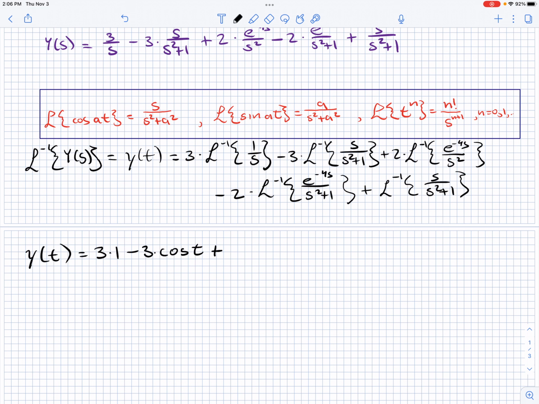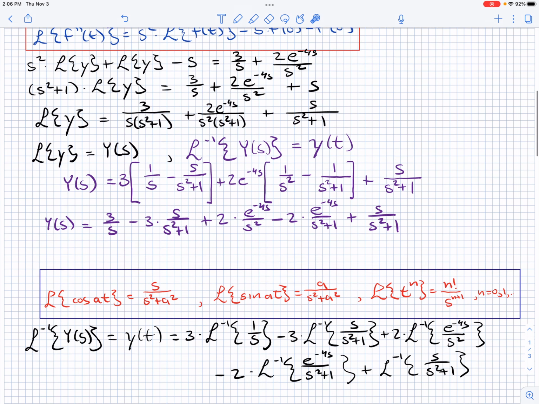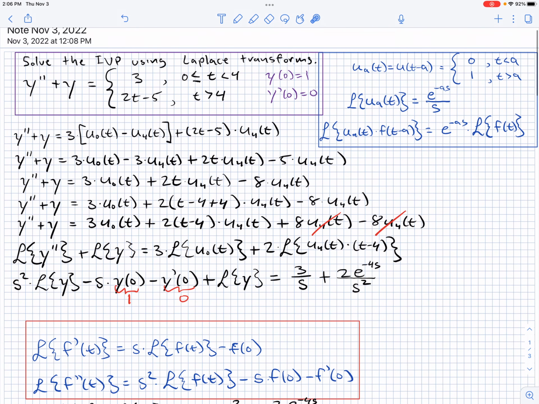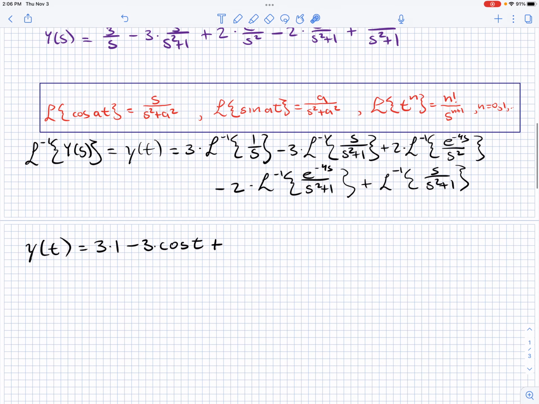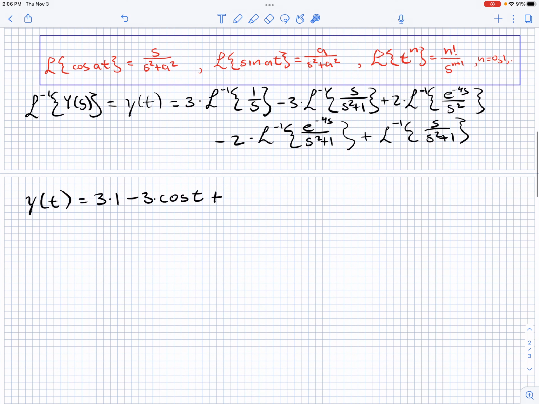Plus, and then this is where we do have to remember the reverse of what's up here. We do have to remember our step function stuff, and we have to take that into account. So doing that, let me write the 2 at least.